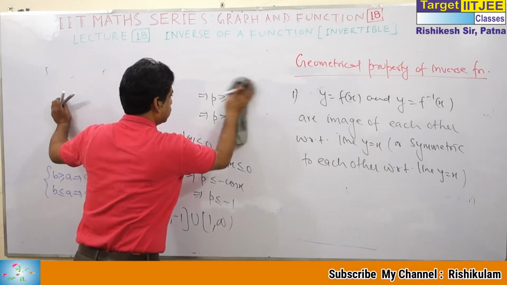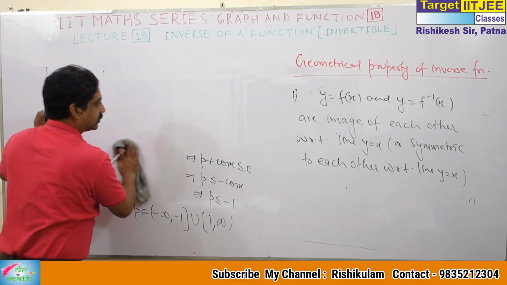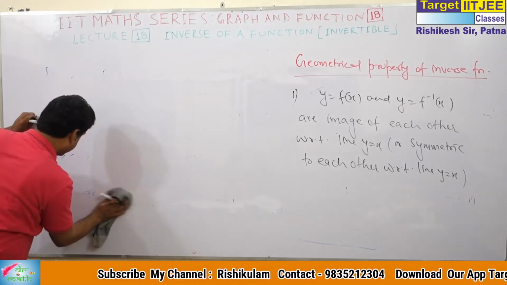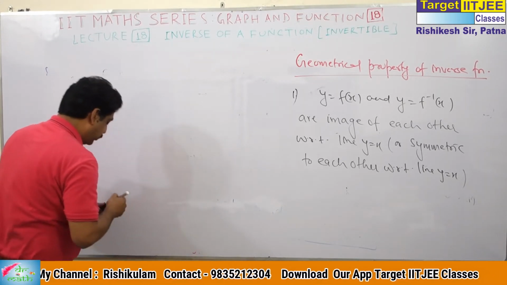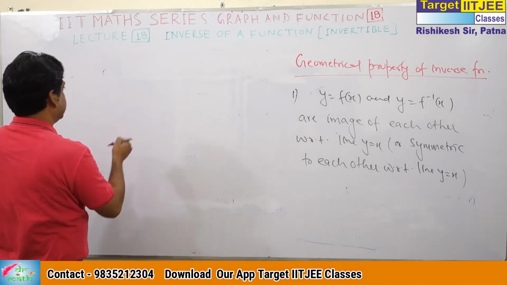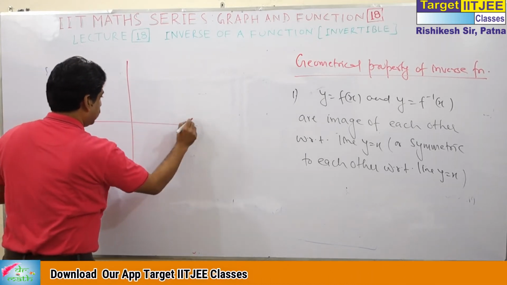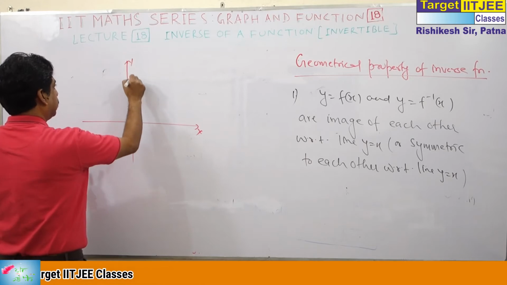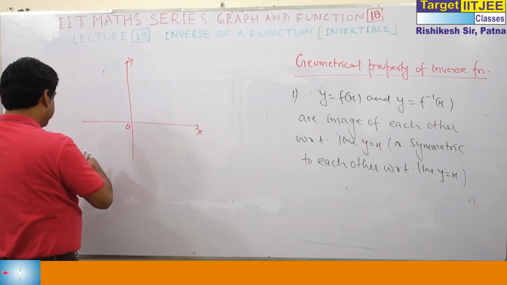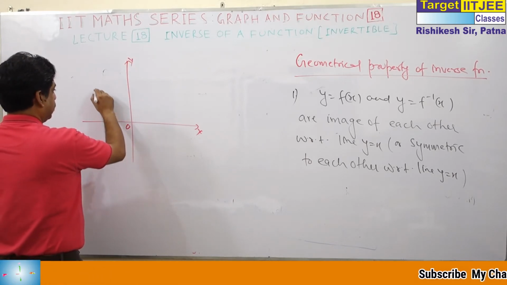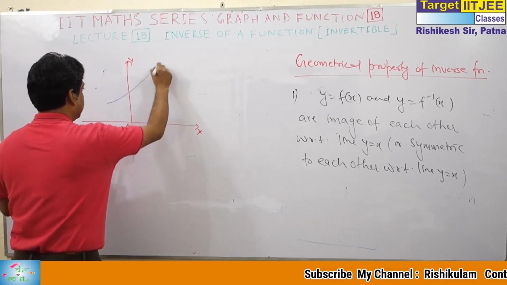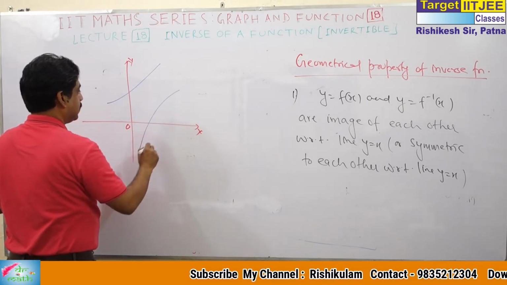And the second is just an outcome of the first. But let me do the first one. Suppose this is a function and this is its inverse.